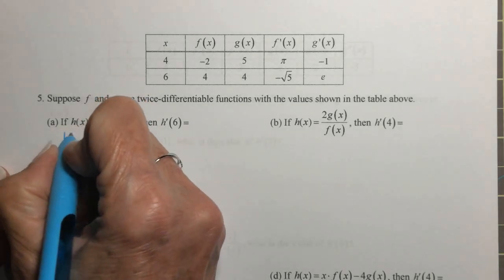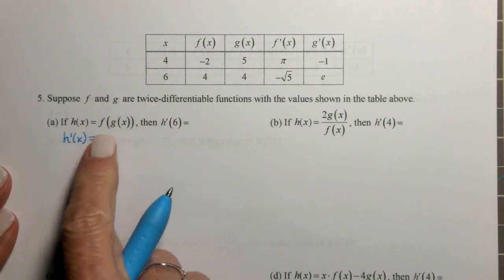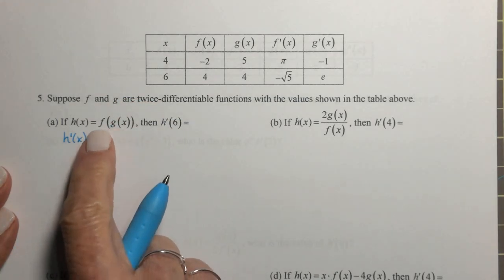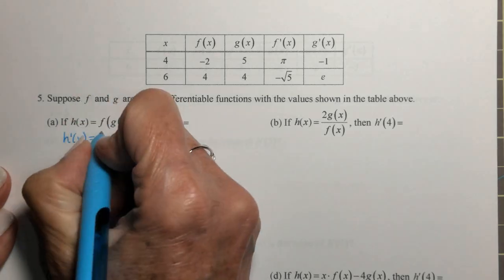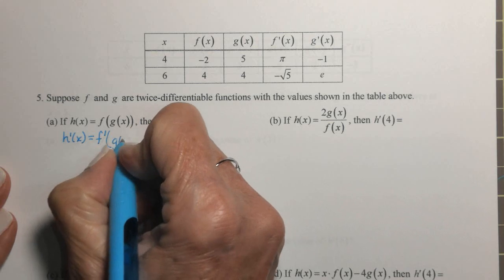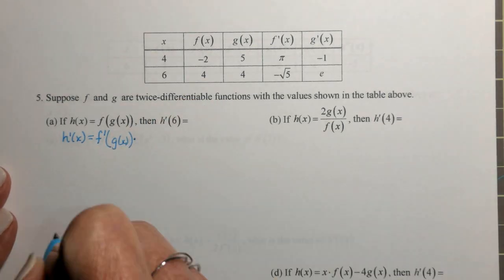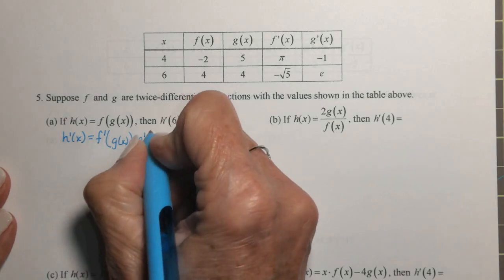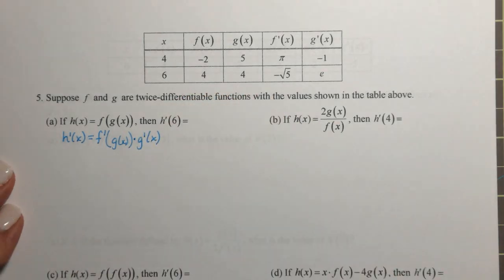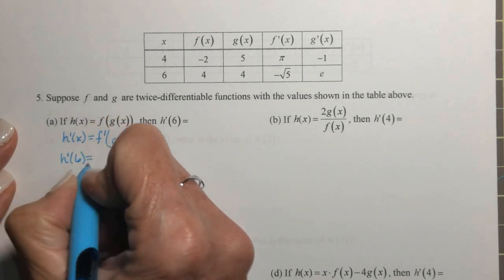So first I find h prime of x, and then I plug in 6 for x. We're going to use the chain rule here. We start on the outside and take the derivative. Keep your argument the same, and then multiply by the derivative of your argument. Chain rule. Now we're going to plug in 6 for x.